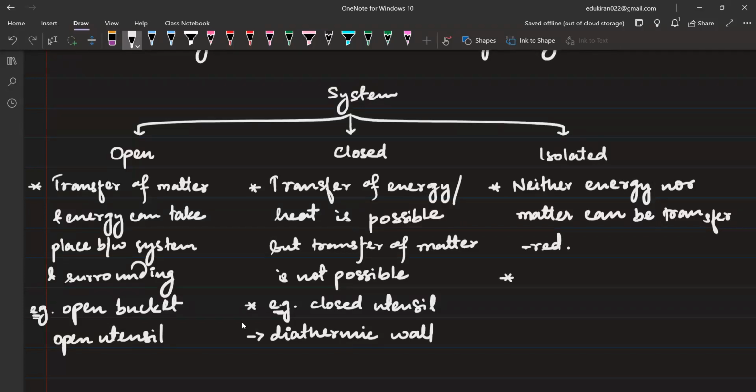Now this type of, for example, if you have a thermos flask, right, or vacuum flask that you can see, now the wall that we have here, in this case, we call it adiabatic wall or boundary. ठीक है.